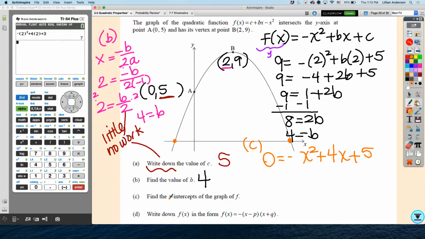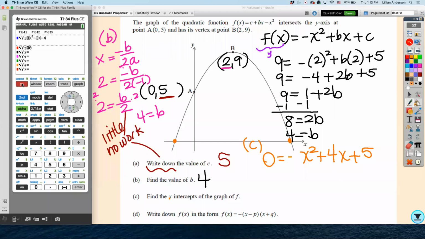Which way? Use the calculator. If I do the calculator, I go to my y equals. I plug in that function, -x squared plus 4x plus 5, into y1. I plug 0 into y2, and I graph.